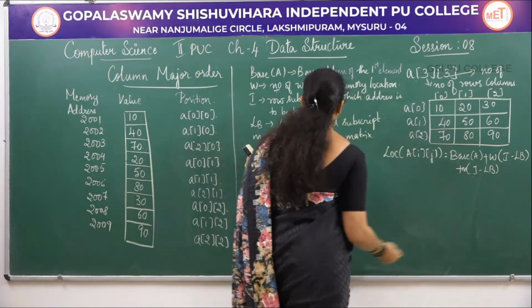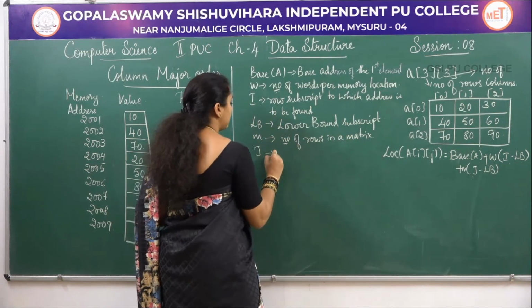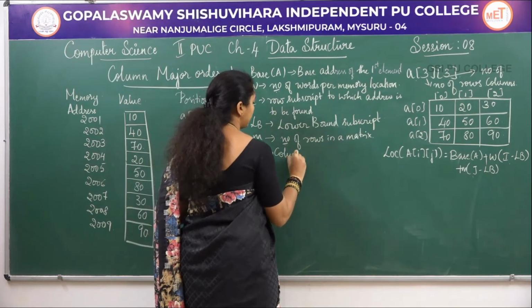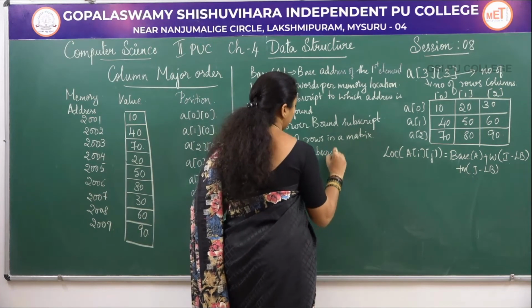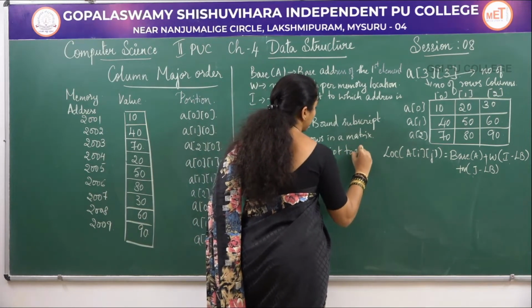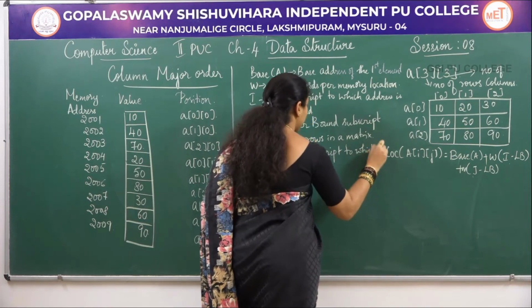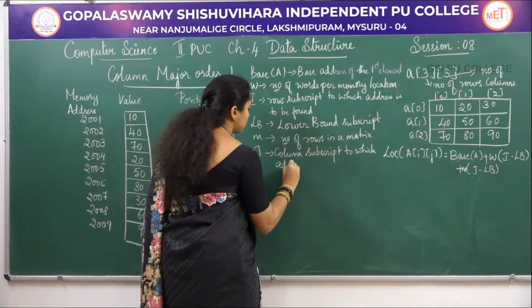And J represents the column subscript to which address is to be found.